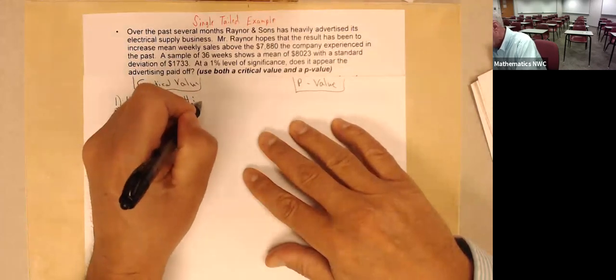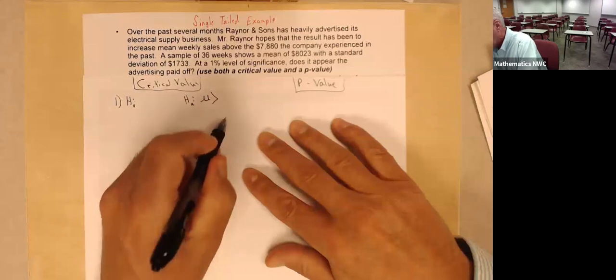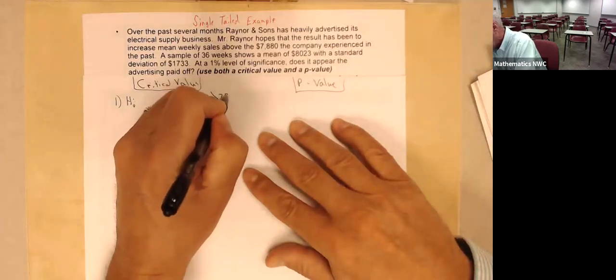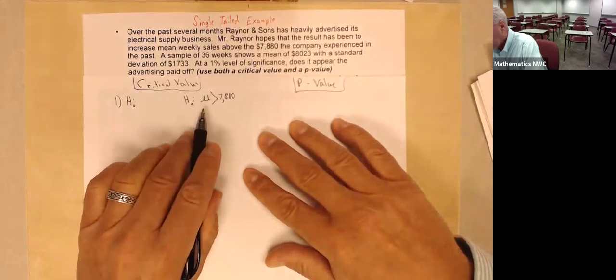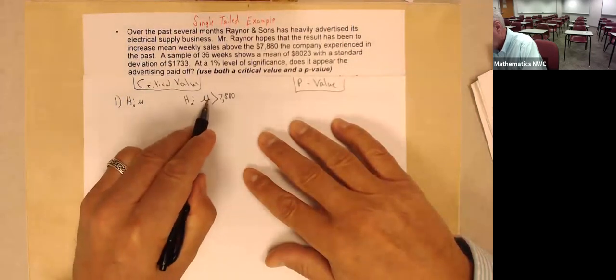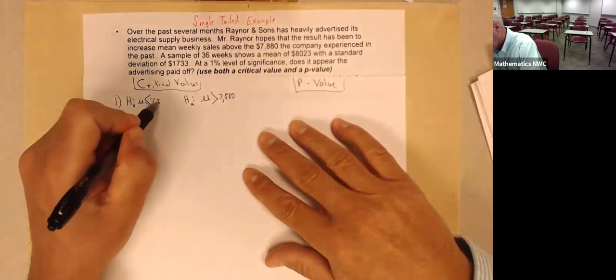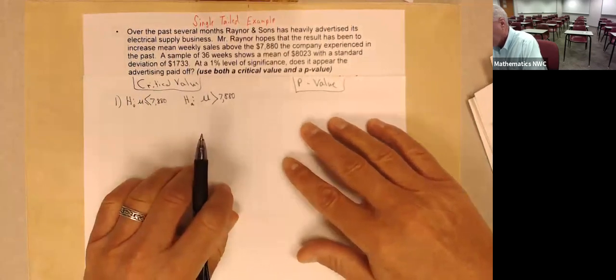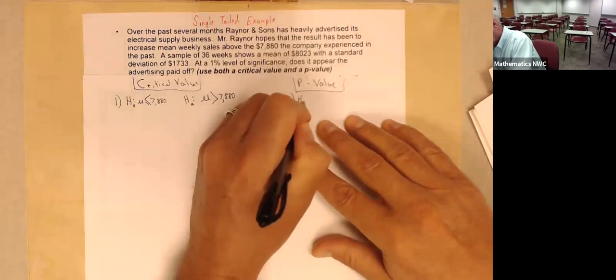Because that's what I'm desiring to show, I want the mean to be greater than 7880. That's my alternative. I make my alternative what I want to show. The null then is the opposite. So the opposite of greater than is less than or equal to. The p-value would have exactly the same thing.